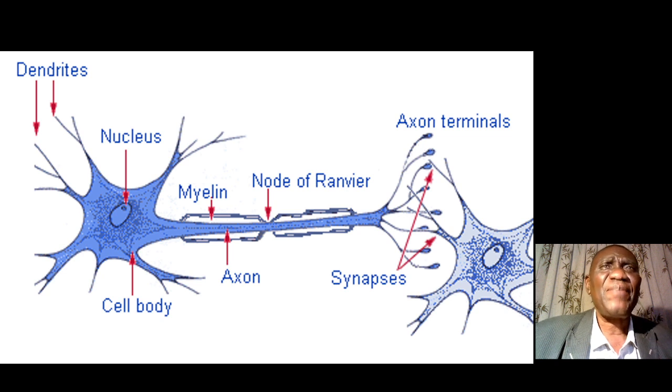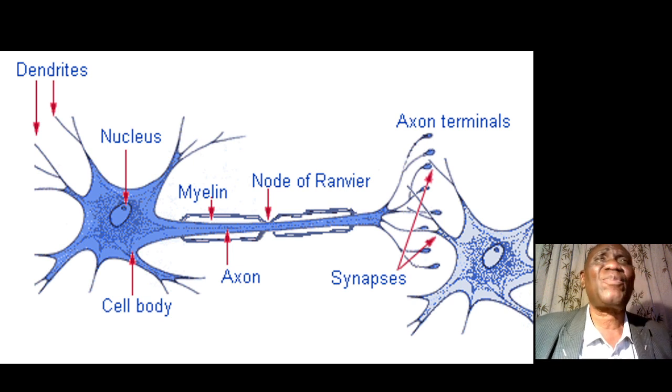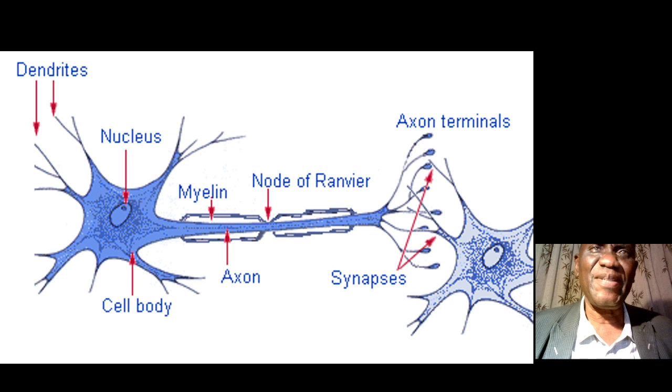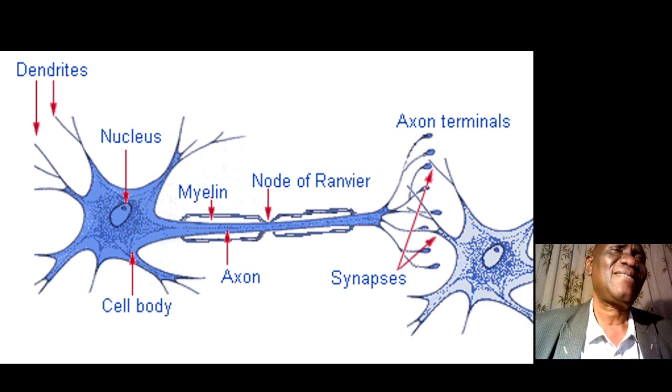At the synapses area, this is where we find the activity of acetylcholine enzyme and the acetylcholine, which are responsible for transmitting the message or the signal for the insect to do something, either to run or to fly.